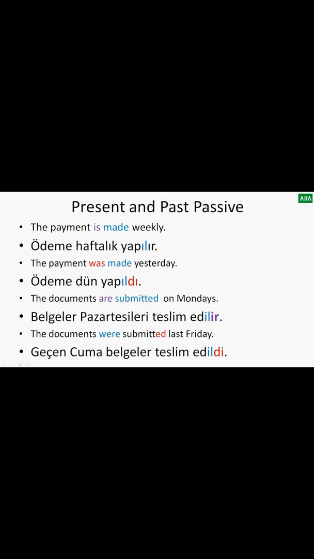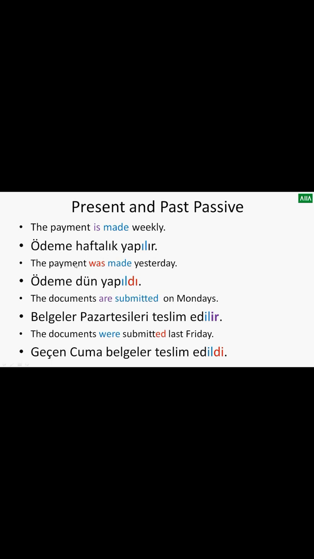Present and past voice. All right, so here the payment is made. This is the present form, okay? Because there's is. So the payment is made weekly. That means in Turkish, ödeme haftalık yapılır. So this is the present form. As you see here, we use again suffix of passive voice ıl, and after present tense.